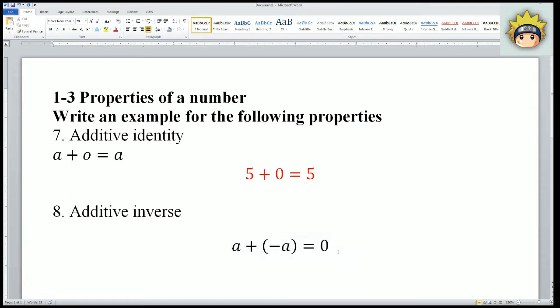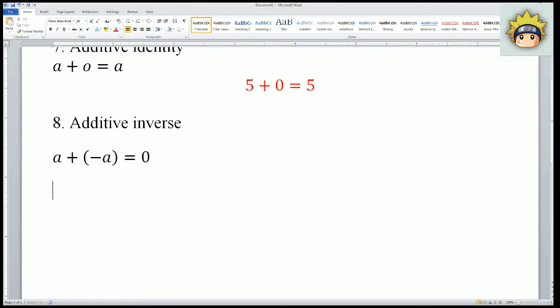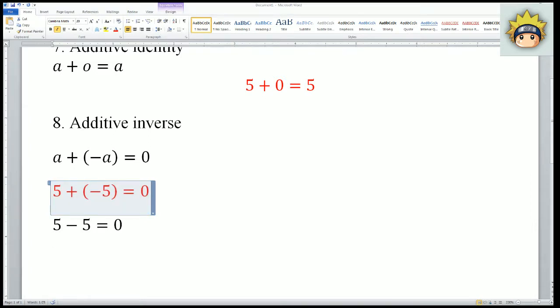That's the only way. Here let's do the example. I can just use 5 again. A is equal to 5, so it has to be add negative 5 to get 0. Some people will write it like this, and this is okay too. You can treat it as just a subtract 5, equals 0. Both would be correct answers, but more likely this would be the best format for you to write the additive inverse.